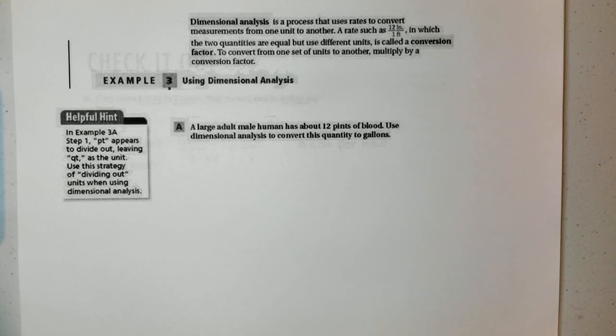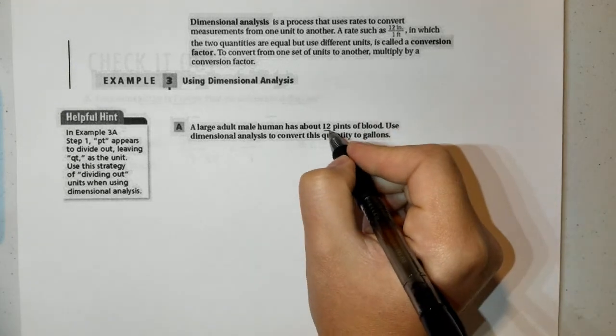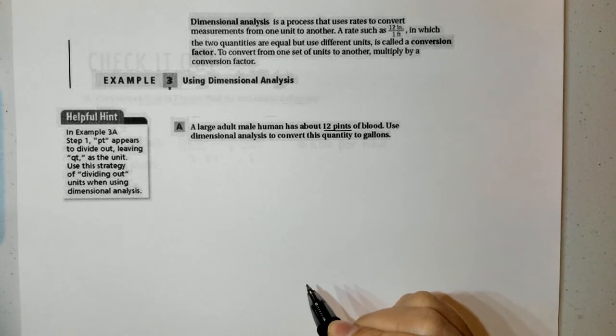So in these examples, we are going to have to convert to different units first, and then we will use that information to convert to a unit rate, or we might have to write an equivalent rate. So A, it says a large adult male human has about 12 pints of blood.